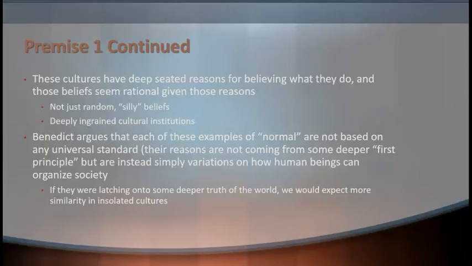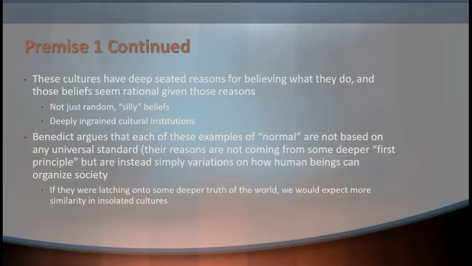When a culture believes that suspicion and distrust is the normal thing, it's because they have very rational fears about starvation, about poison, and other things like that. They do have reasons for their beliefs, but those reasons aren't coming from something universal like a respect for human dignity, or that God told them to. So they have reasons, but they're not based on this neutral, widely available thing.